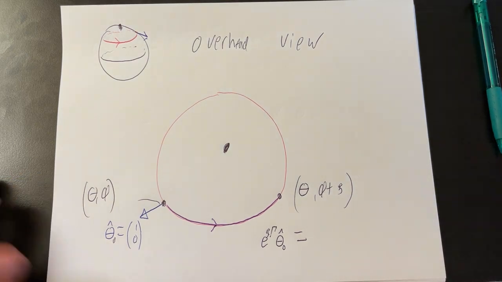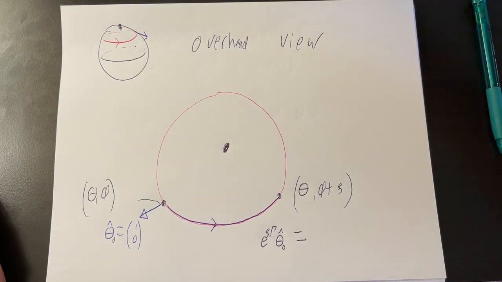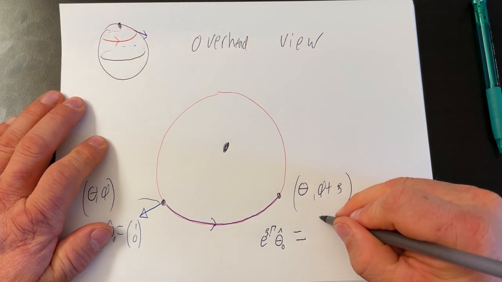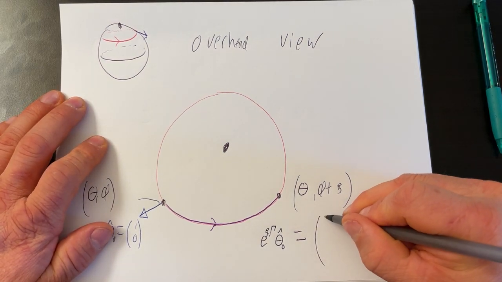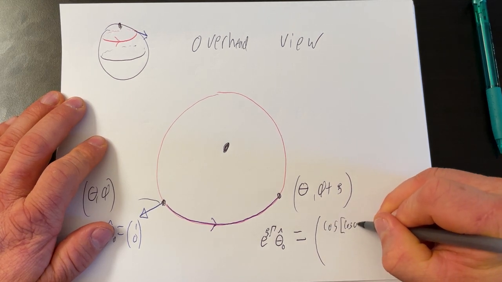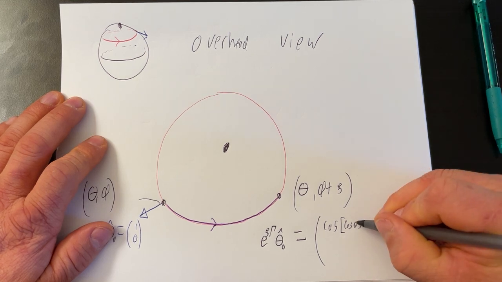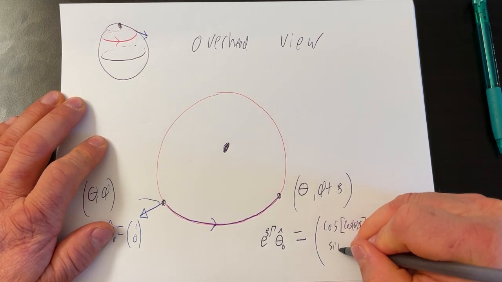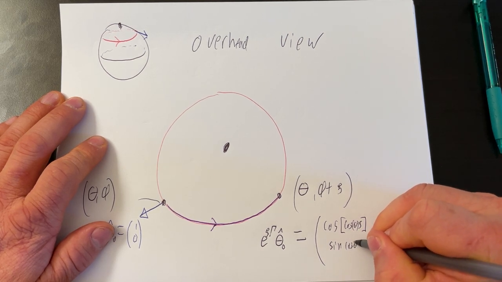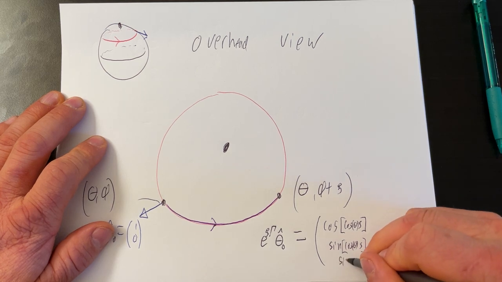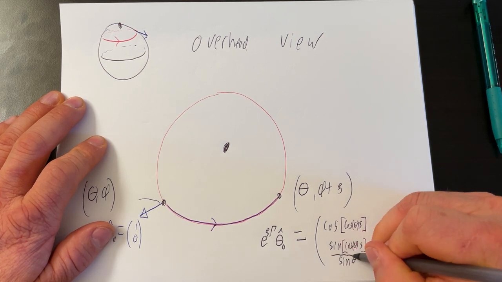Just looking at the matrix on the other page, multiplying 1, 0 by that matrix, that's going to give me cosine of theta times xi, sine cosine of theta times xi over sine of theta.